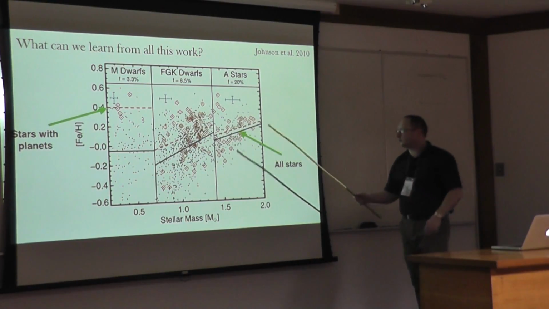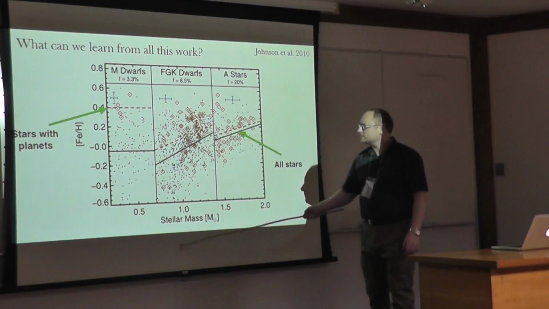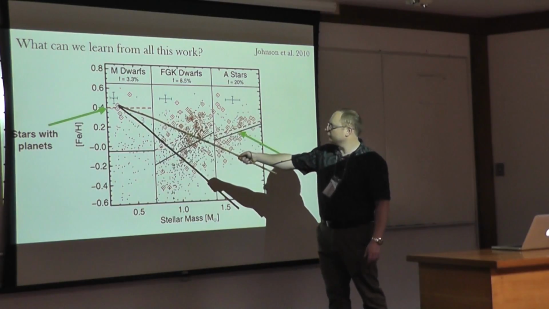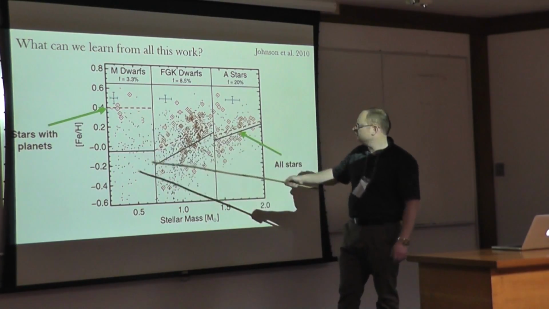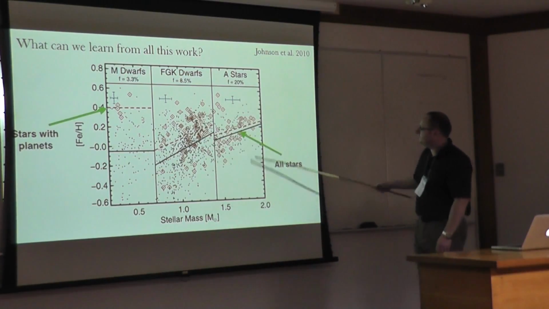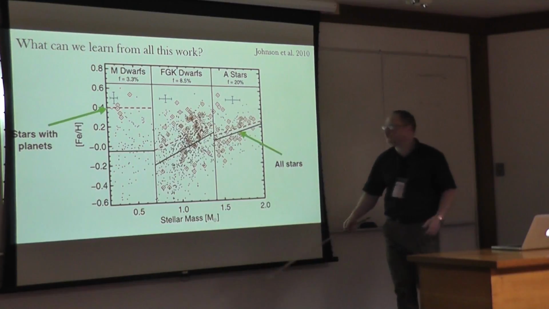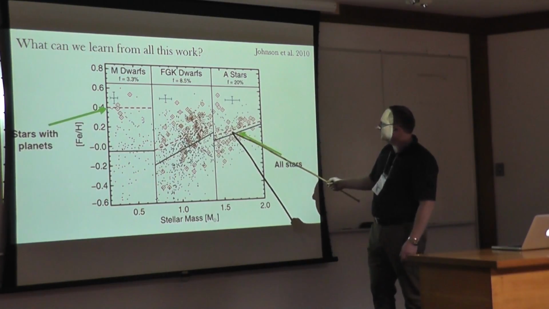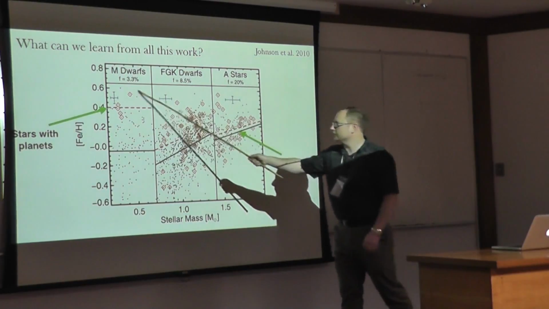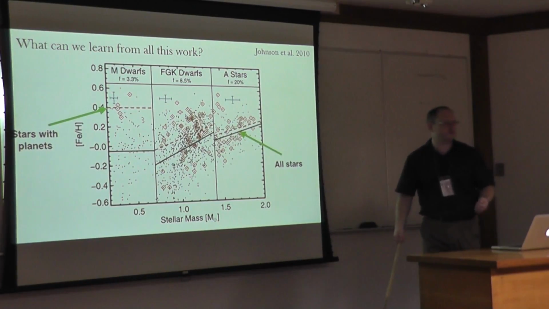This was done from Keck and Lick, and so we're looking at stellar mass against metallicity, where these are the running means of the sample, and the blacks are just the full sample. And we tend to see that there's an increase in all of these bins. Now, I want to say for the M dwarfs here, it's difficult to generate precise metallicities of M dwarfs.